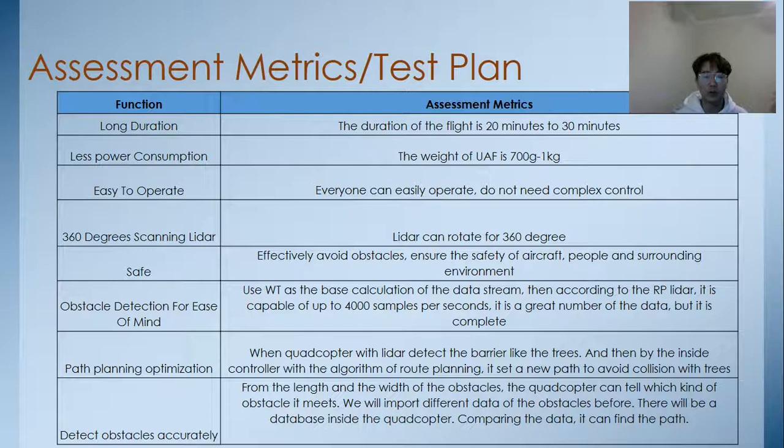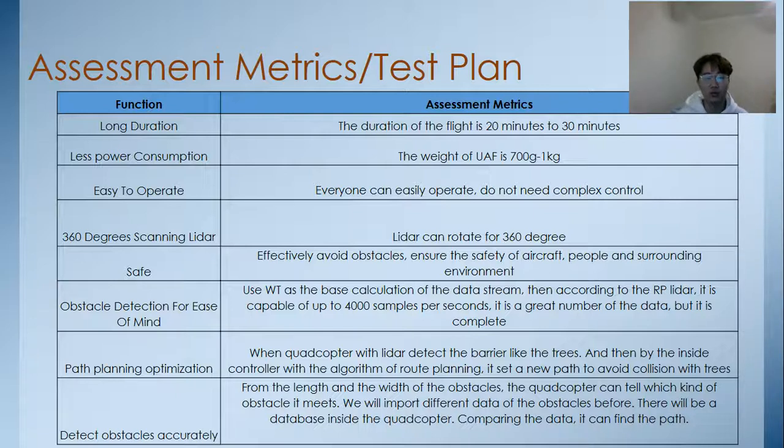Easy to operate: everyone can easily operate it, with no need for complex control. 360 degree scanning LiDAR: the metric is that the LiDAR can rotate for 360 degrees. Safe: it means efficiently avoiding obstacles, ensuring the safety of the aircraft, people, and surrounding environment. Obstacle detection for ease of mind.